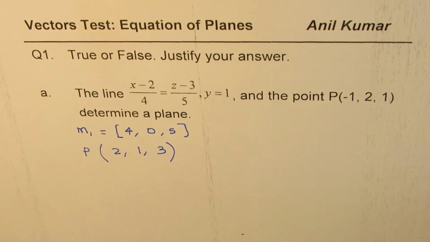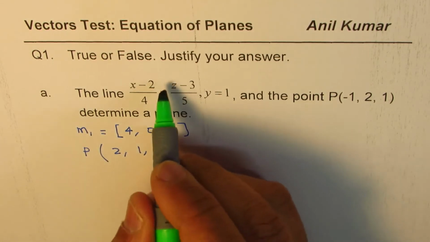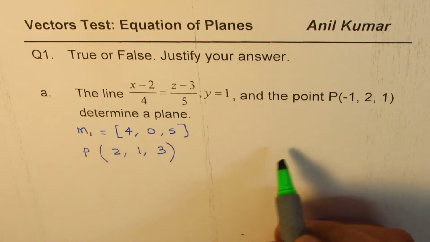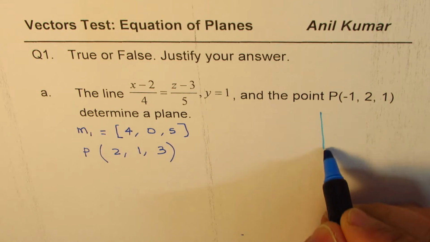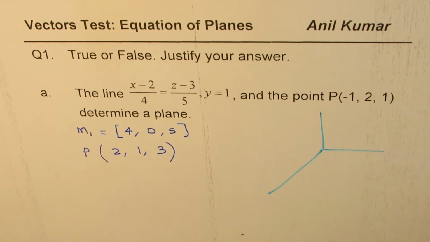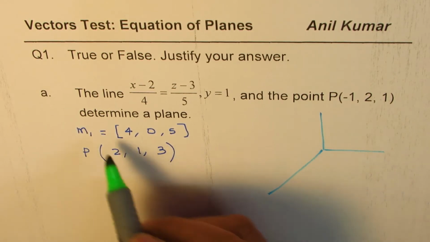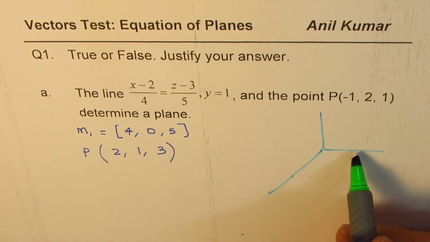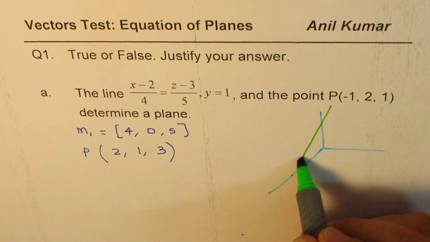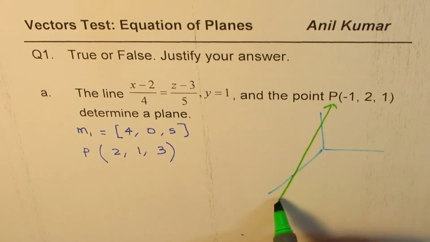So basically what we are given here is a line. So we are given this particular line here, right?